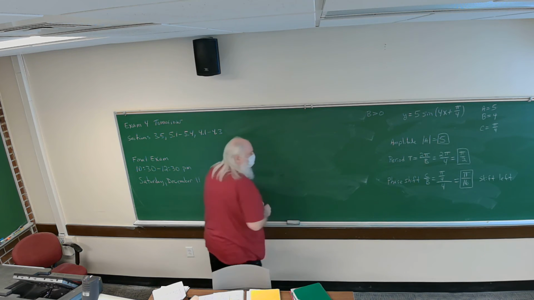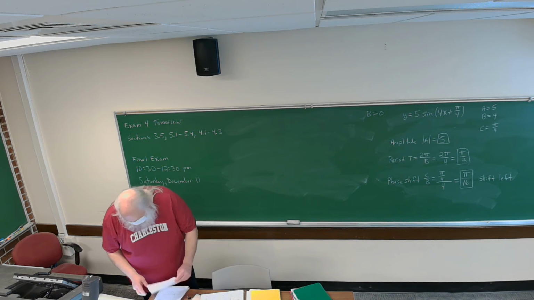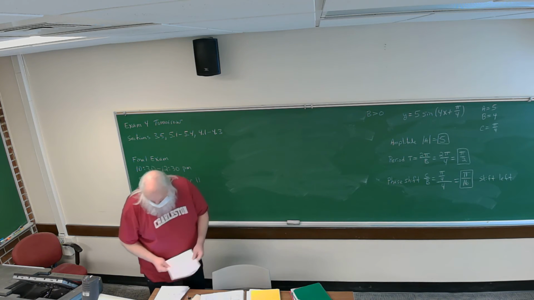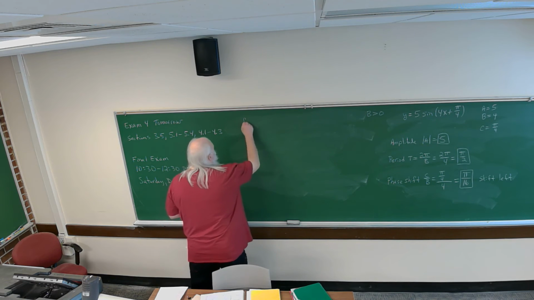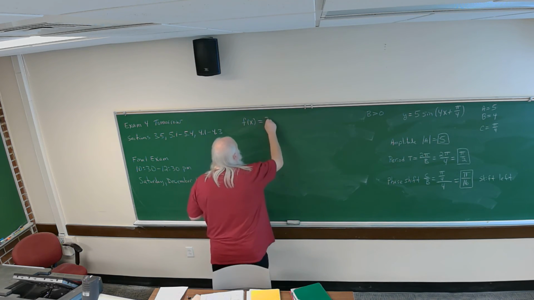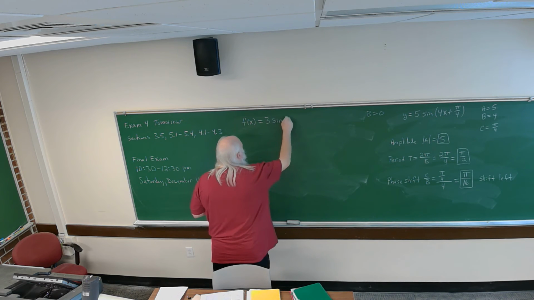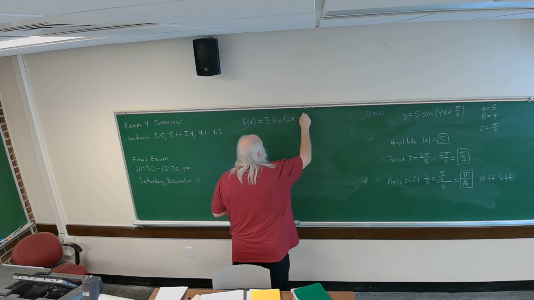And when you're graphing with phase shift, this is about the only way I know how to really do it. So we have f of x is equal to 3 times the sine of 2x minus pi over 4.